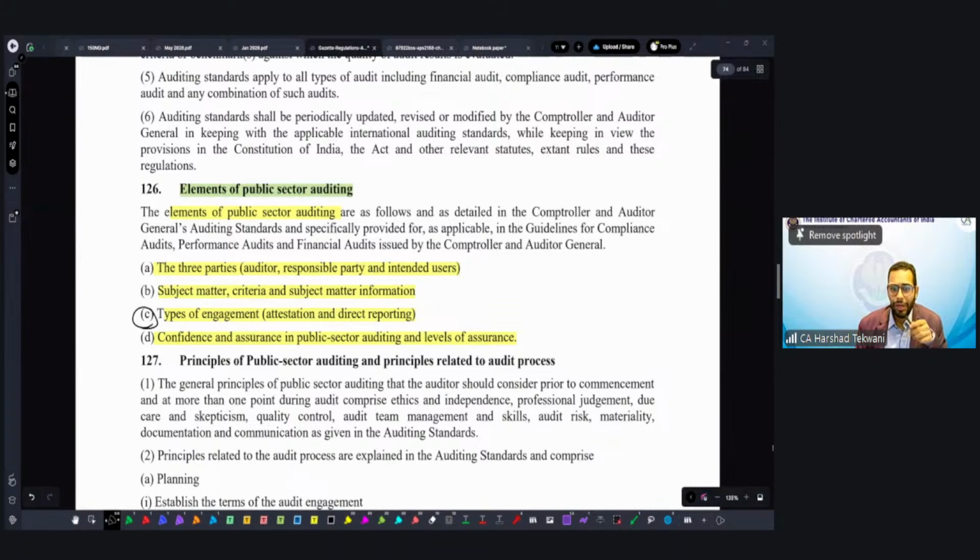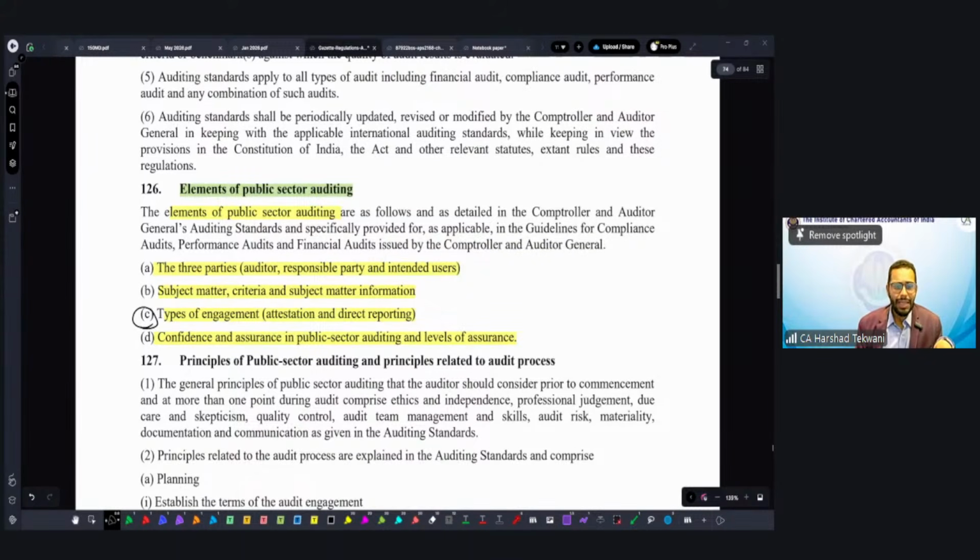What else is there apart from reasonable conclusion? What is direct reporting? Quickly. Just if anyone knows anything about direct reporting. Only evaluation. Okay, only evaluation.